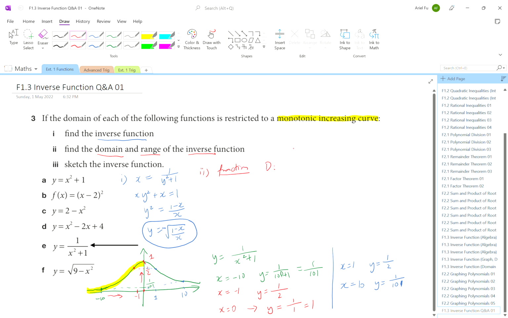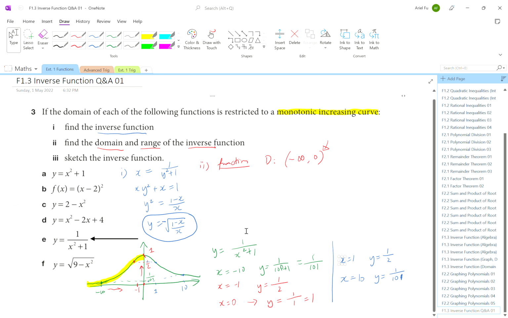Well, the domain for the monotonically increasing part, which is the highlighted part, is between -infinity and 0, non-inclusive. It is non-inclusive on this end because at x equals 0, this point is a stationary point, which means it's neither increasing nor decreasing. It's increasing all the way up to this point, and then it's going to go back down, so that part is not monotonically increasing, it's actually stationary.